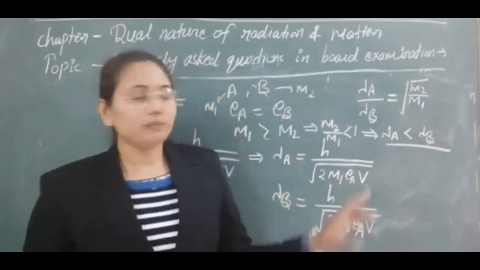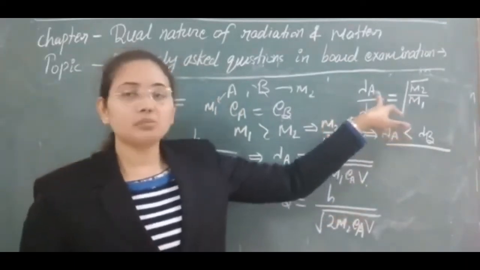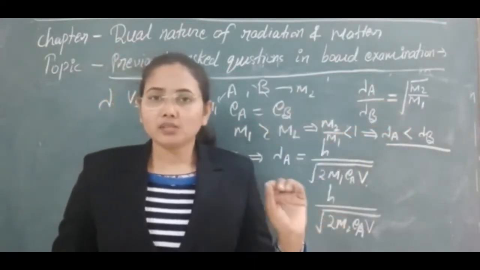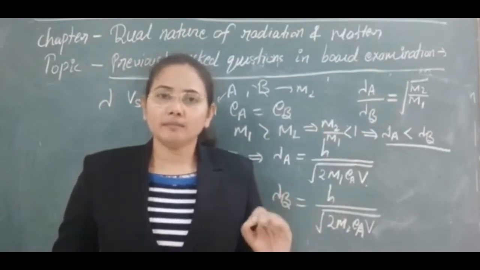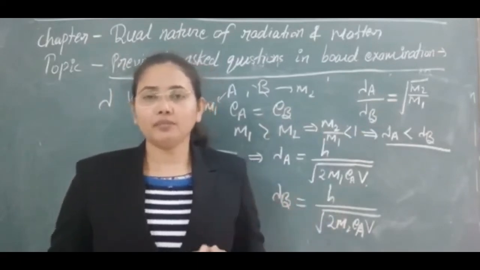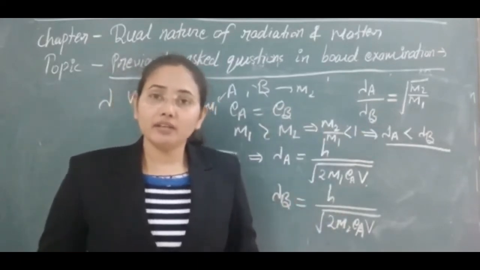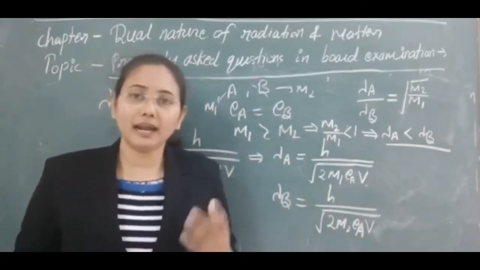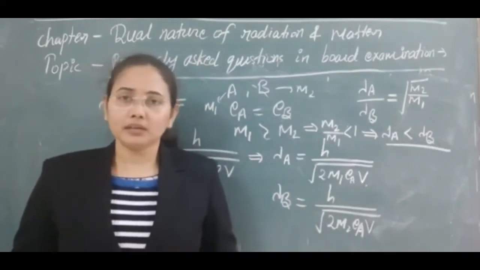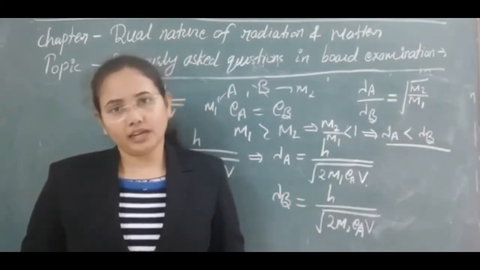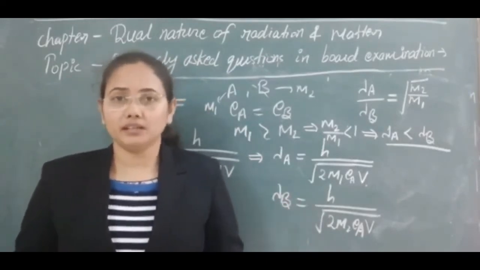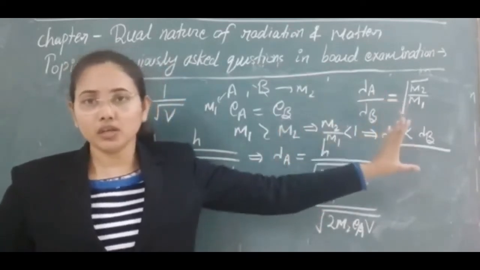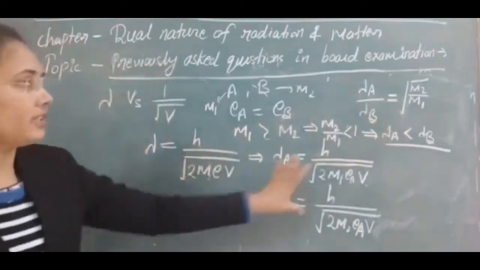If mass is greater, the wavelength associated with it will be smaller, and a smaller wavelength is not easy to detect with the naked eye. Whenever we use a high resolution instrument, we can observe that wave, but in daily life we cannot observe it due to the smaller wavelength. I think that reason is clear. If it is asked, you can write it in this way also. So the second question is clear.